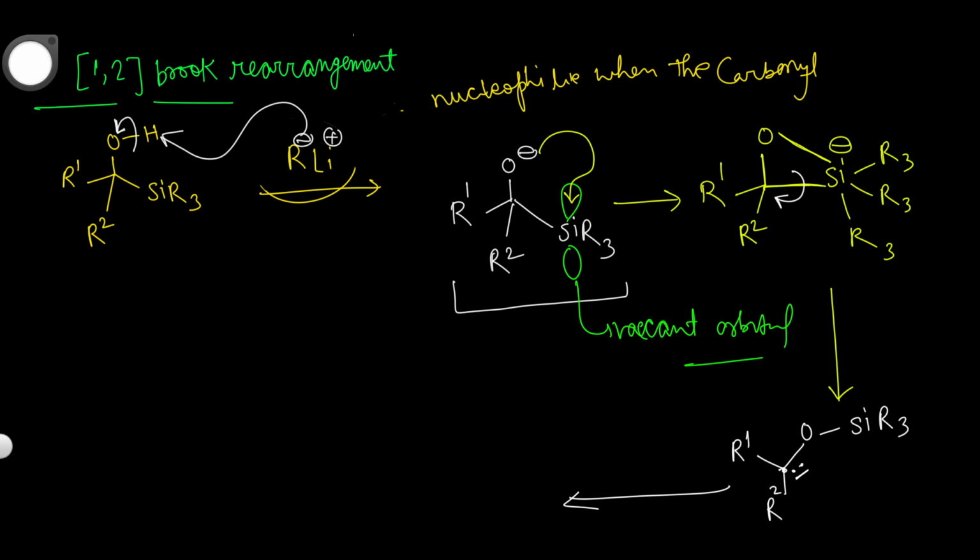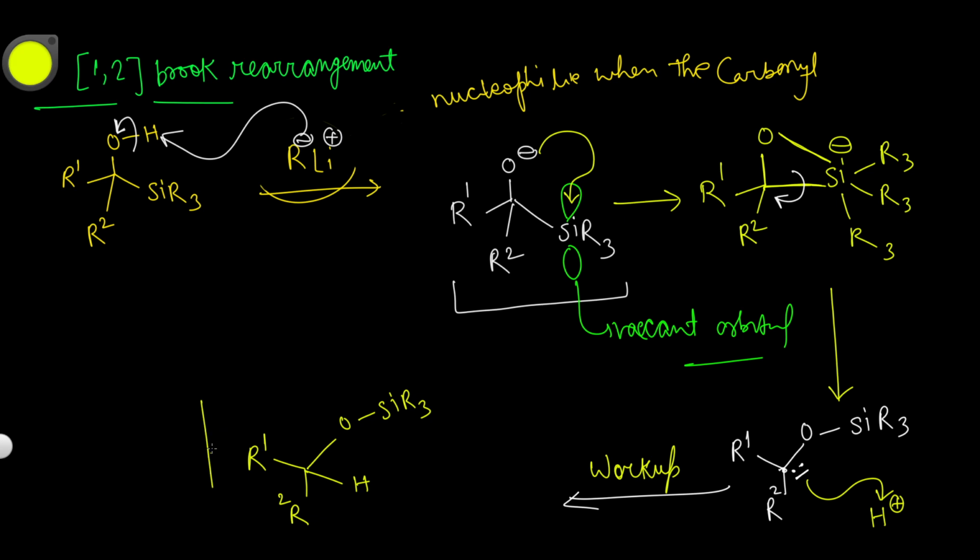In the next step, just do the workup. So after workup, what happened? This negative charge will take the proton H plus, and it will become like this: R1, R2, this is OSiR3, and this is hydrogen, and this is our product of this reaction.